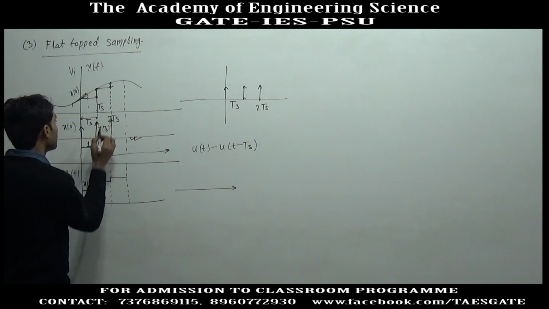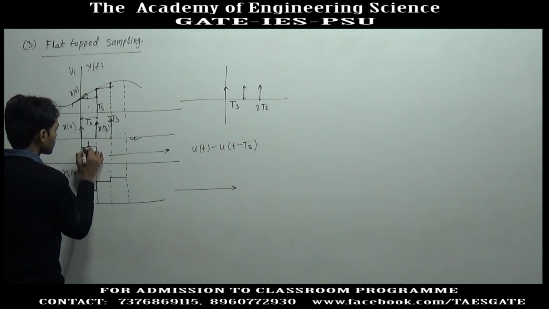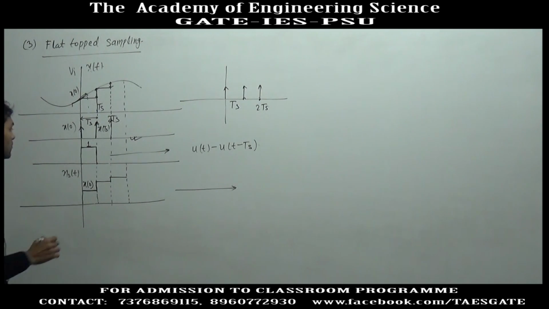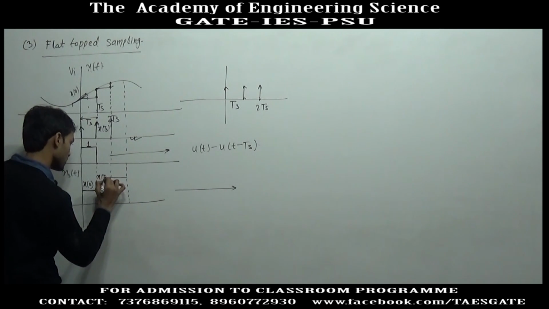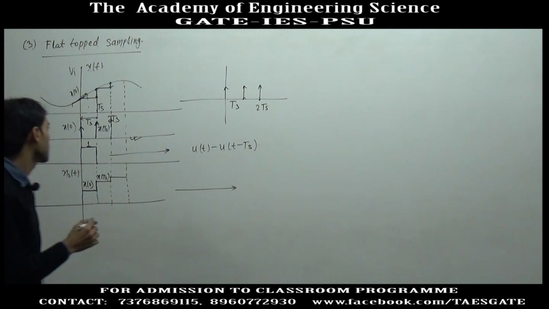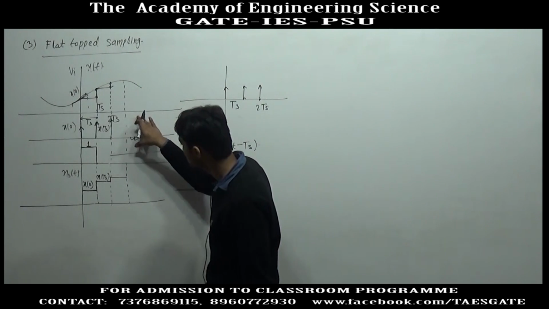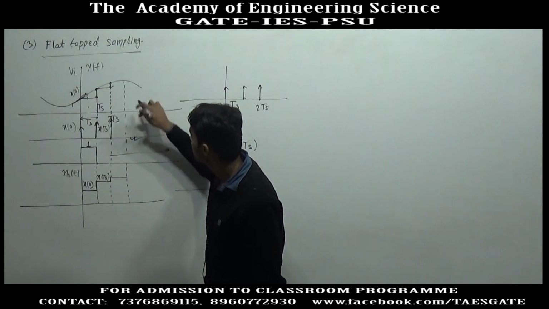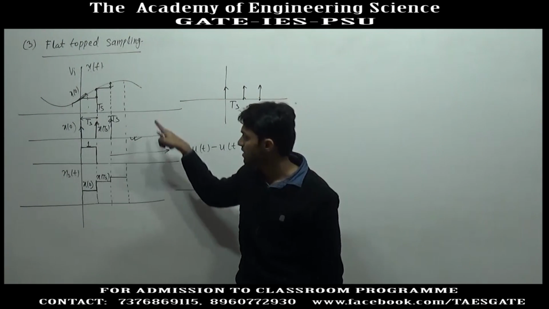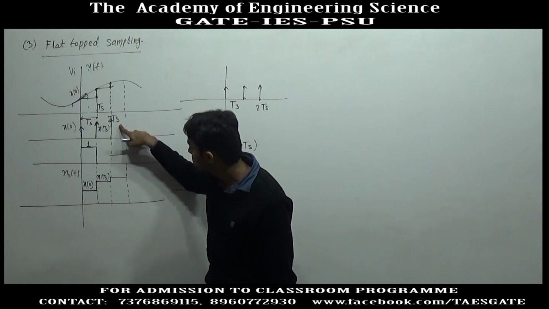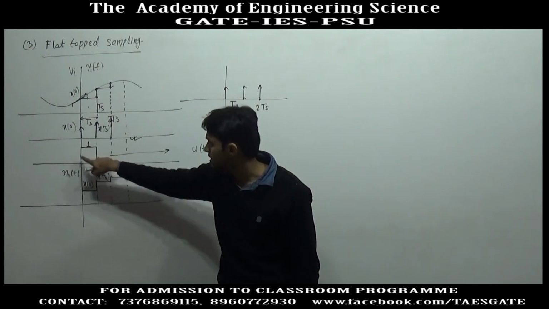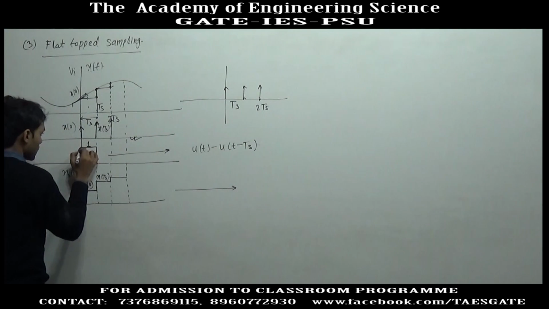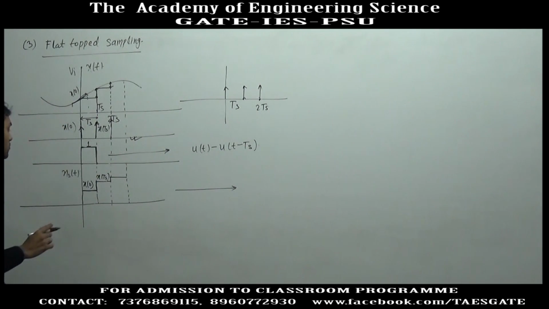At this point, if we take convolution of this signal with the impulse at x(Ts), we will get height x(Ts). So, in flat top sampling, we have to take convolution of the modified impulse train, which is obtained by multiplying x(t) with the impulse train, with this signal. This is also called h(t) for a zero order hold circuit.